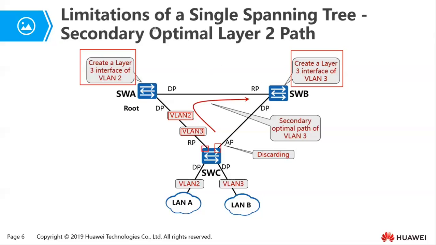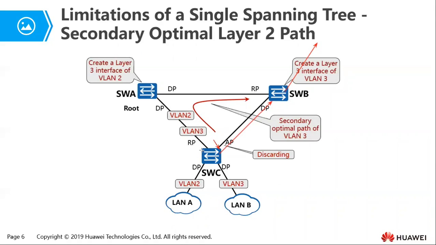So you see, the primary optimal path for VLAN 3 is this one here. When we are sending VLAN 3 traffic, the optimal path is to send it directly through this particular interface to switch B. Then switch B will deliver it to the layer 3 device. So that's the optimal path.